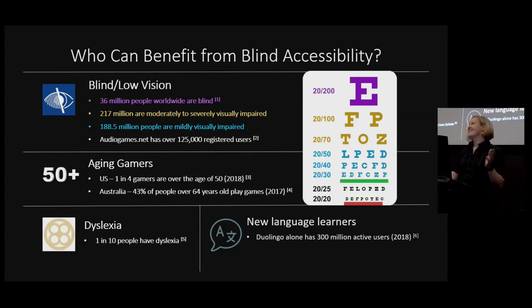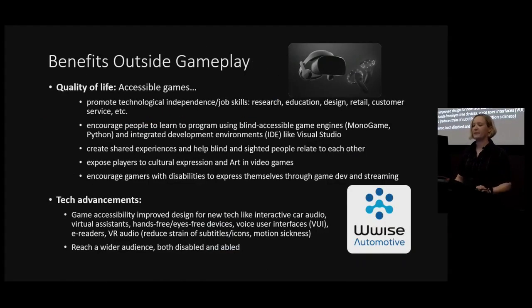There was one that I saw that said 1.5 billion people are learning a new language, and I could not find any source or any study to back that up. So for this one, I had to go with Duolingo. That app alone, and there are several different types of language apps, has 300 million active users. So there's definitely more than 300 million people, but there's one statistic to back it up.